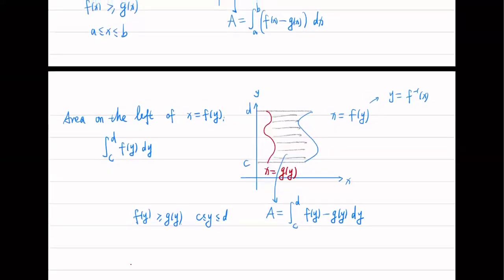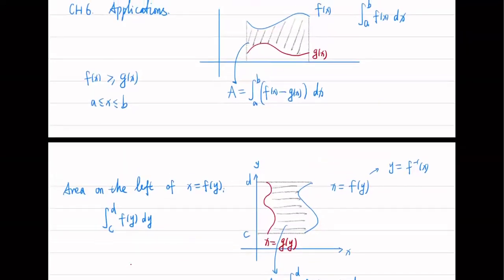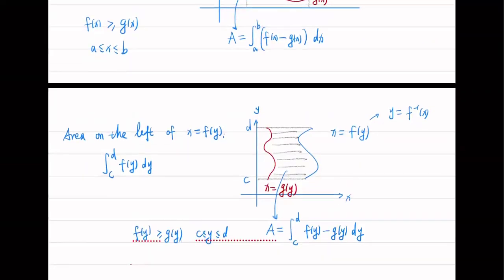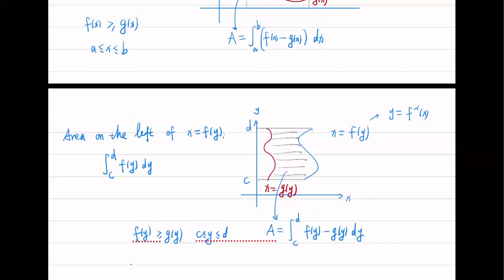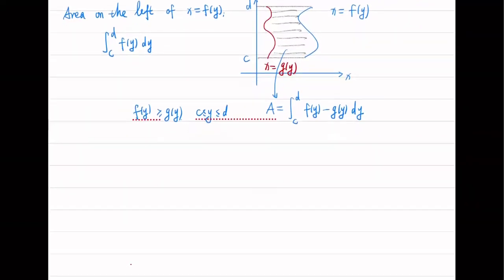Okay, so in these two cases, if we have this clear picture, the formula can be given easily. But sometimes it's not that clear. Consider the following case. Let me find our function.